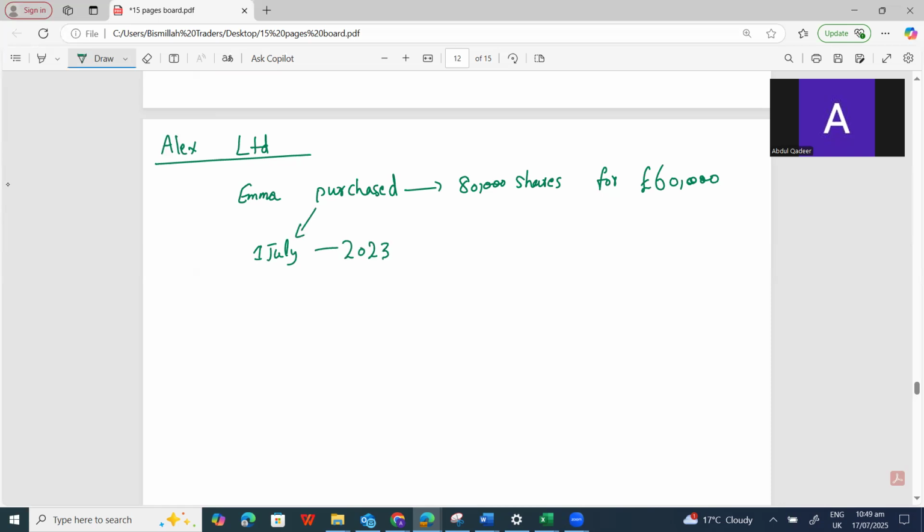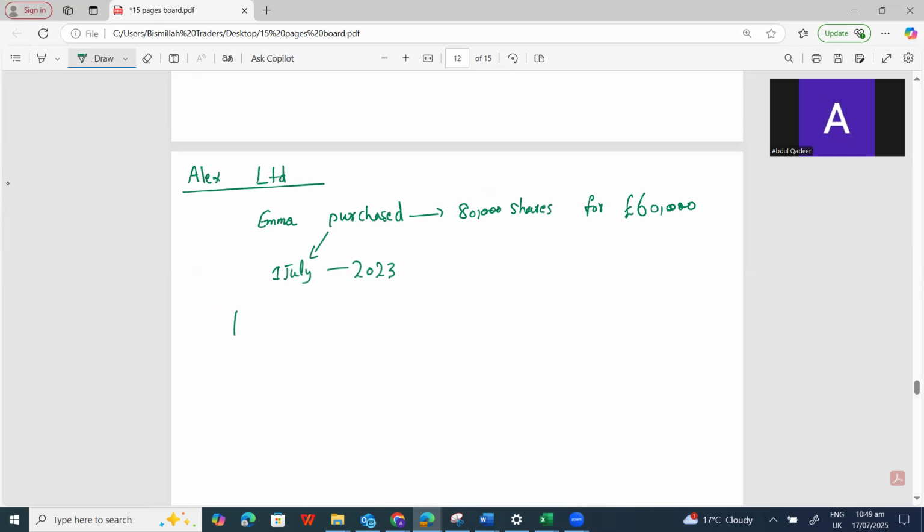As we know, our year start date is 1st May 2023, and the year end is 30th April 2024.